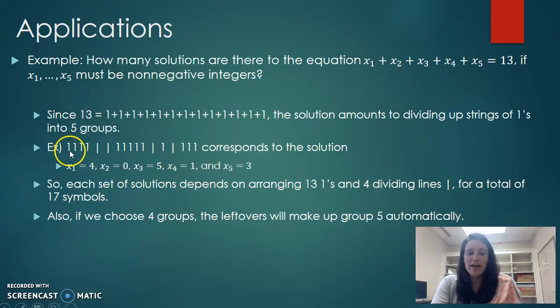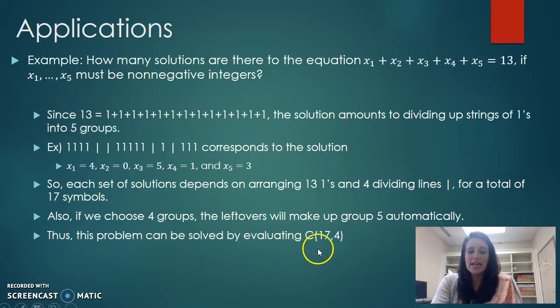For example, if I had already chosen to use the 4 ones, a division line, 5 ones, a division line, 1 1, and a division line, these extra 3 leftovers formed the 5th group automatically. I didn't have to choose another symbol there.